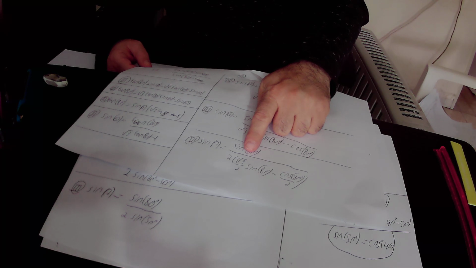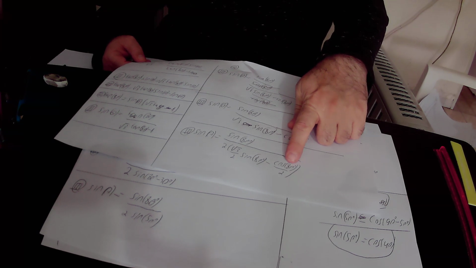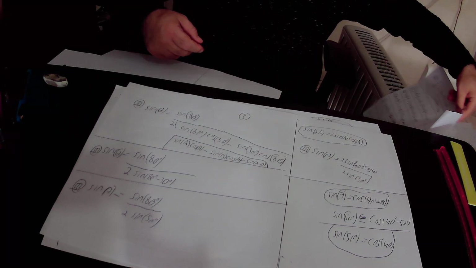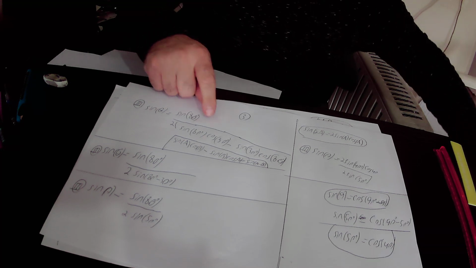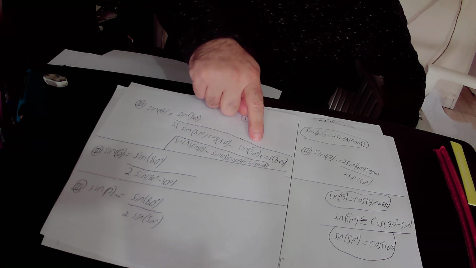We substituted square root of 3 over 2 by cosine 30 degrees, and we substituted 1 over 2 by sine 30 degrees. So here is cosine 30 degrees, and here it is actually sine 30 degrees.